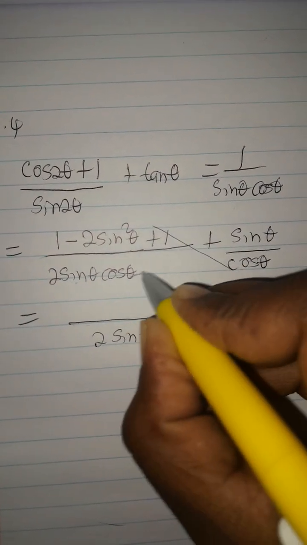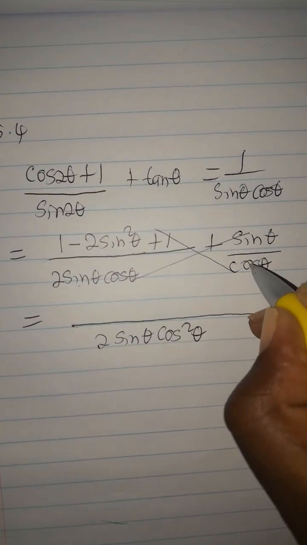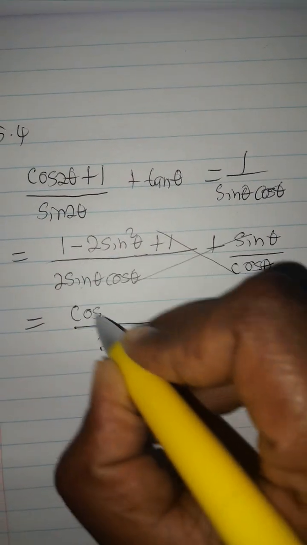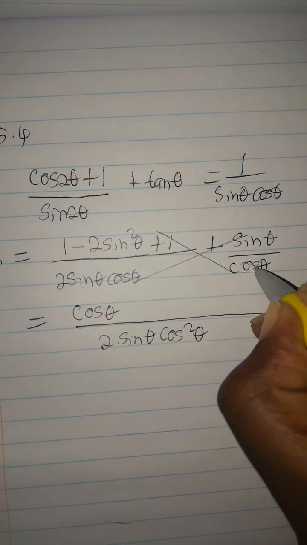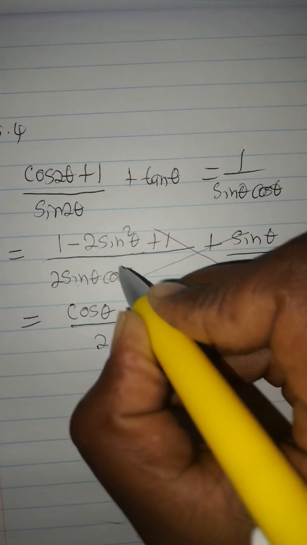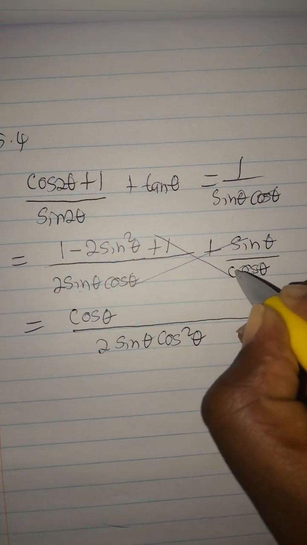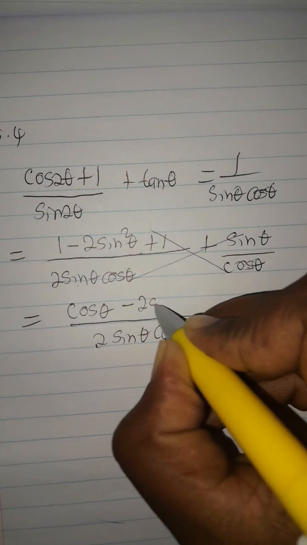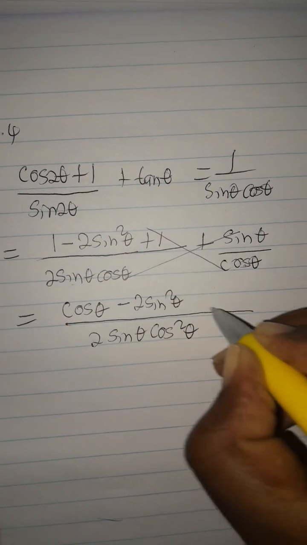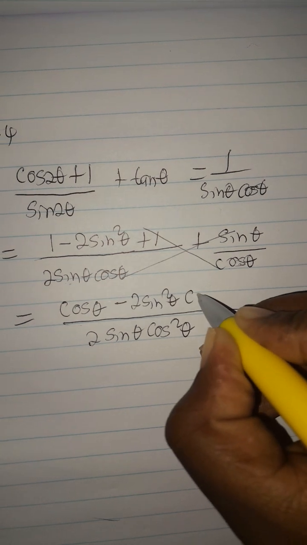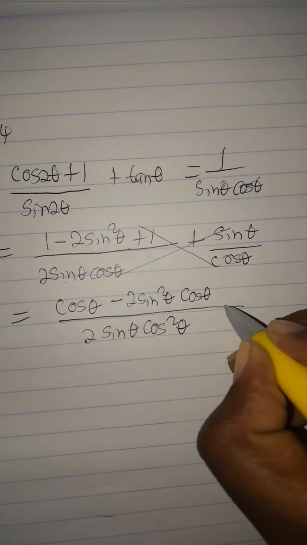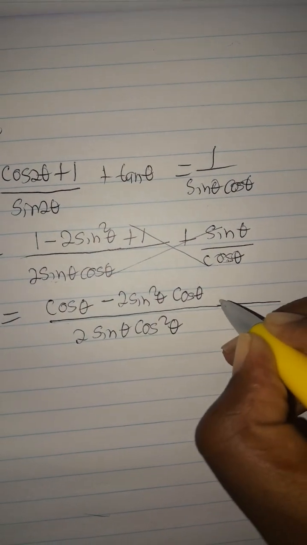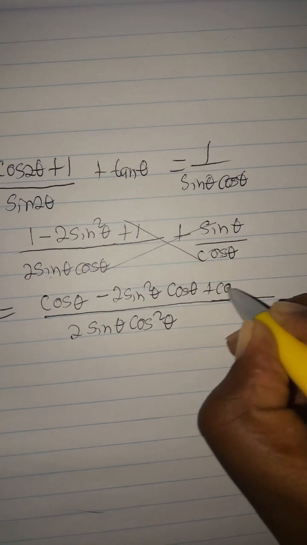So from there, we can cross multiply. When you cross multiply, cos times 1, that will be cos theta. Cos theta times 2 sine squared theta plus 1, that will result in 2 sine squared theta cos theta plus cos theta.